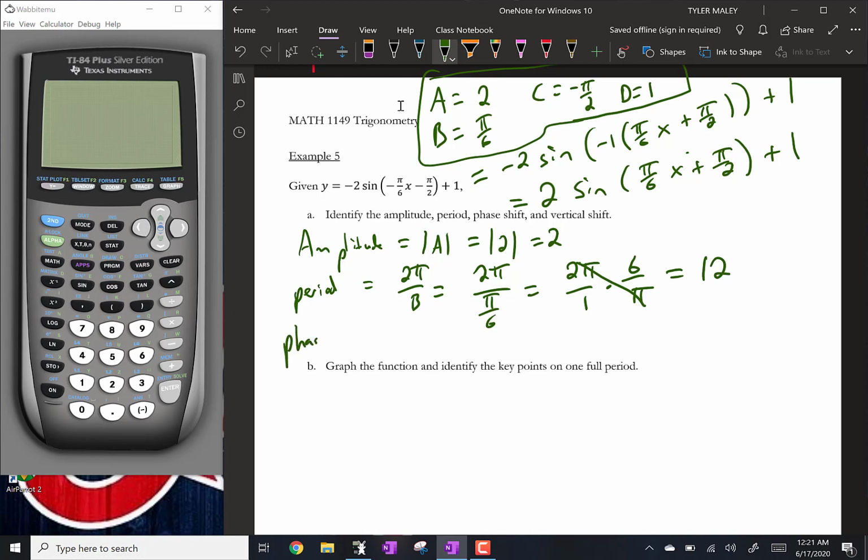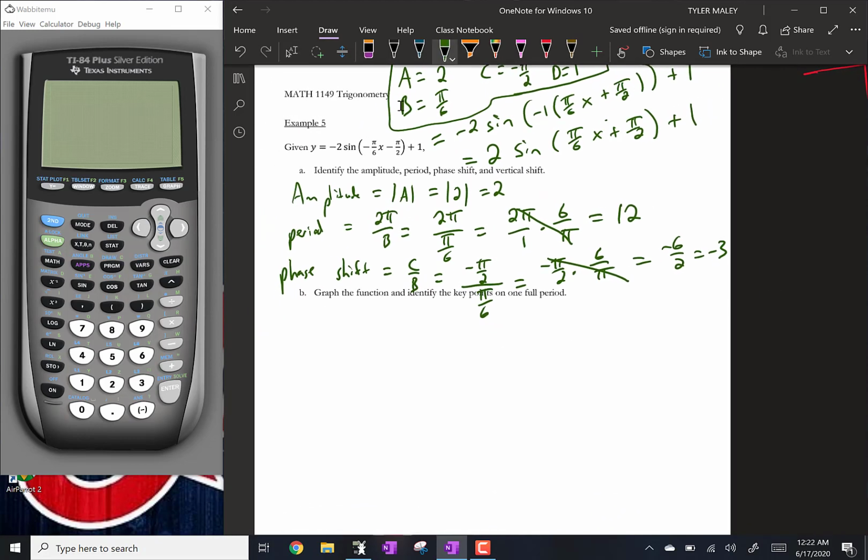The phase shift, let's see, is C divided by B. So this would be negative pi over 2 divided by pi over 6, which would be equal to negative pi over 2 times 6 over pi. So the pi's cancel, so we get negative 6 over 2, which is negative 3.